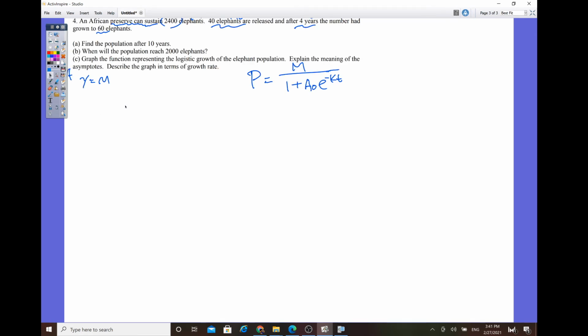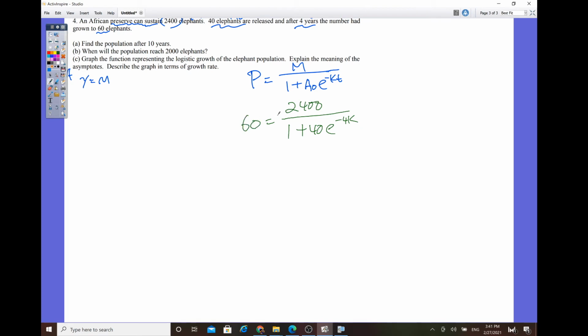Okay, so what we found here, the maximum capacity, is 2,400. And then 1 plus A0, so we started with 40 elephants, times e to the power of negative kt. We don't know what k is, so negative k times 4 is negative 4k. And the number of elephants has grown to 60.